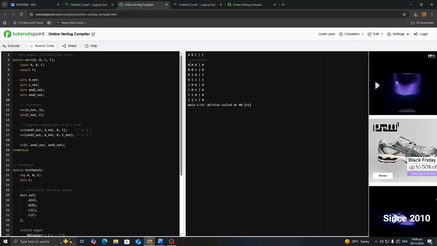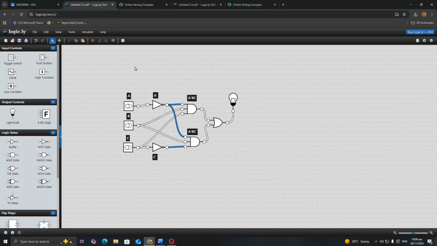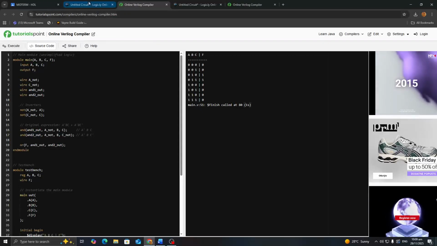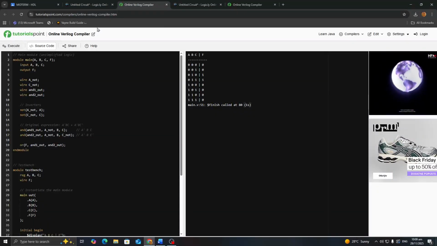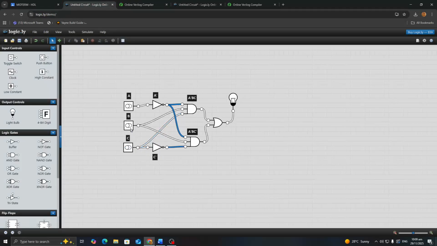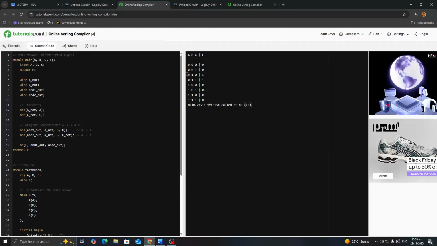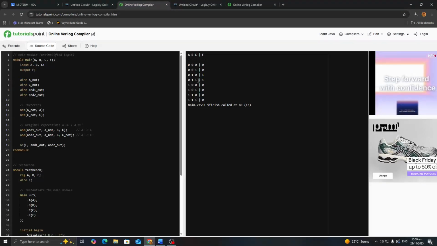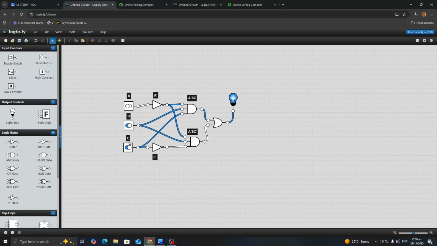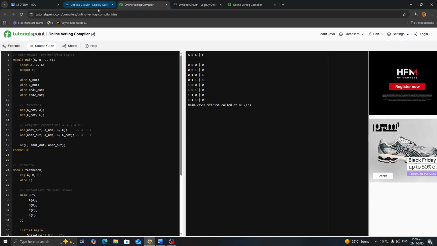As we can see here, if all switches are off, the light is also off. Now, if switch C is on, the light is still off. And if switch B is on, the light is on. And with switch B and C, the light is still on. And if it's only A, the light is still off.